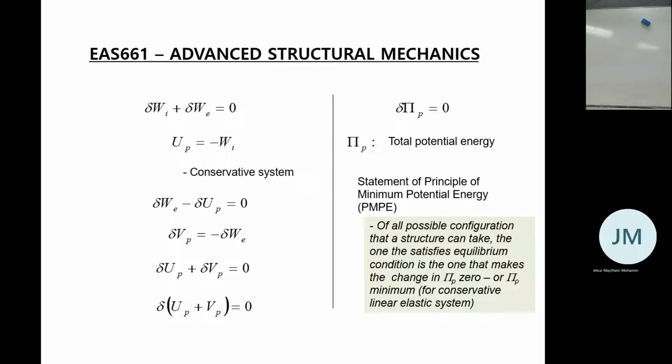And this is being used in order to solve a structural mechanics problem. So if you can see from here, del pi p, this capital pi, subscript p, is what we call total potential energy. And the total potential energy is equal to strain energy plus another energy that I'm going to introduce to you.